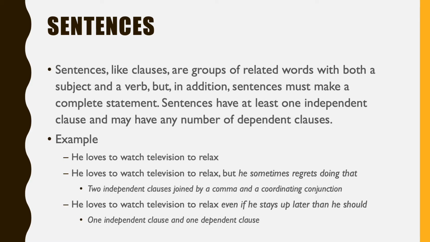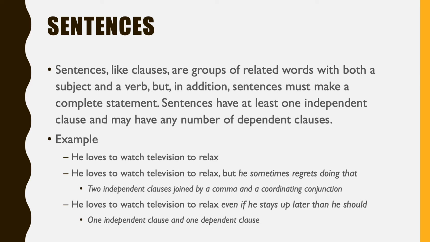Sentences, like clauses, are groups of related words with both a subject and a verb. But in addition, sentences must make a complete statement. We often call everything sentences, but the reality is not everything is a sentence. Sentences have at least one independent clause and may have any number of dependent clauses. He loves to watch television to relax.